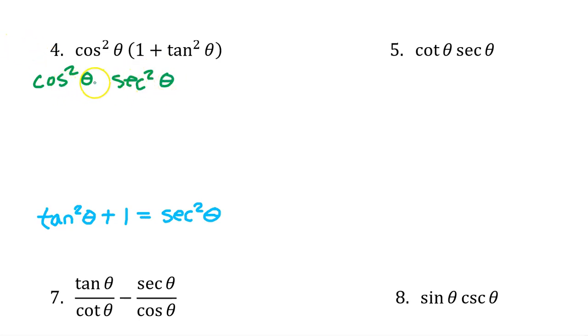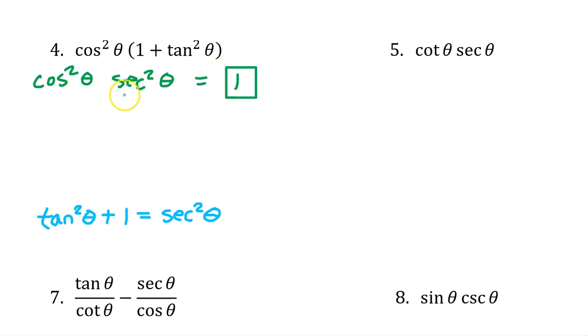You know how cosine theta and secant theta are reciprocals of each other? When you multiply cosine theta times secant theta, you're always going to get 1. And it'll be the same if you multiply cosine squared theta times secant squared theta. So if you happen to notice that, you can just skip to the end and say, oh, the answer is going to be 1.